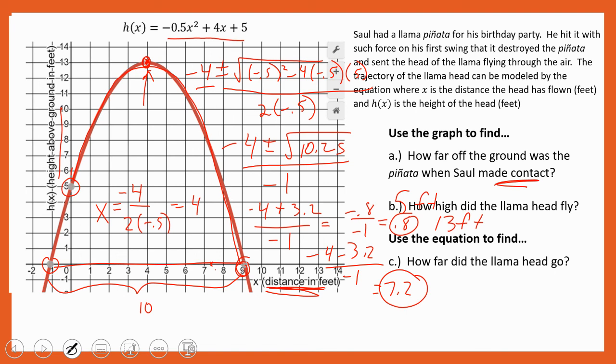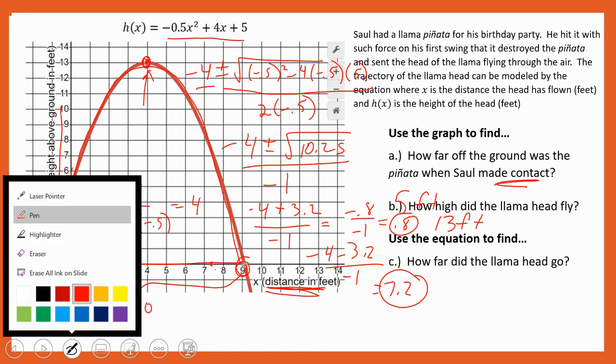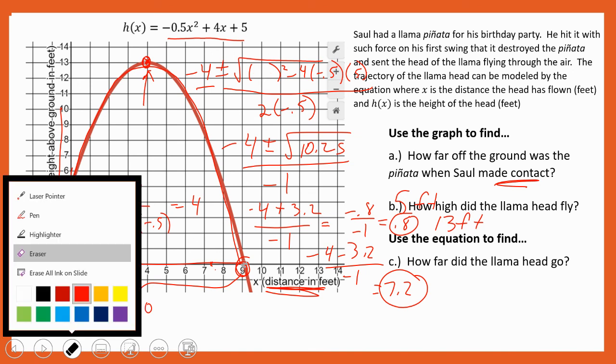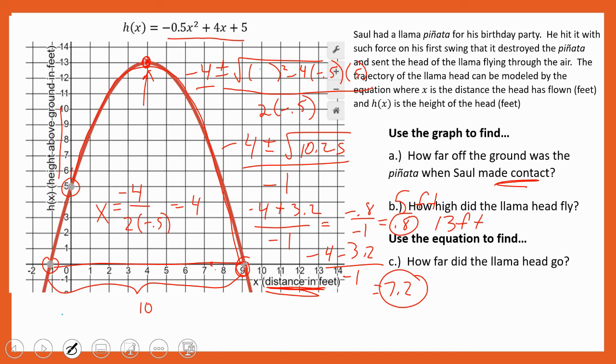And I look and I see, oh, I made an error. Can you see where I made the error? Right here. That should have been a 4. So this number is going to be different. That's why you always check your work. Your answer should make sense.